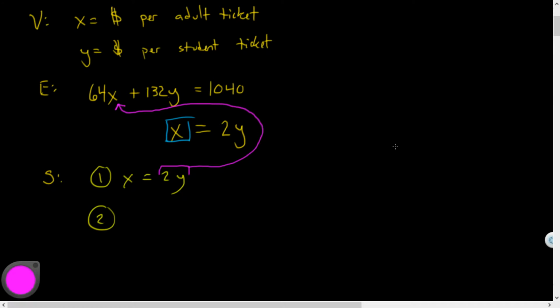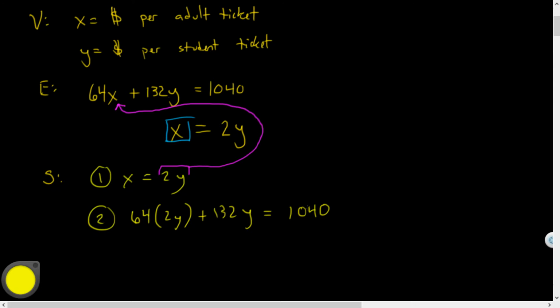If x is really equal to 2y, then I could swap them out at any time. So I'm going to have 64 times x, which now I've replaced with 2y, plus 132y equals 1040.